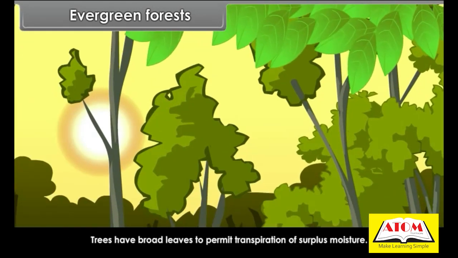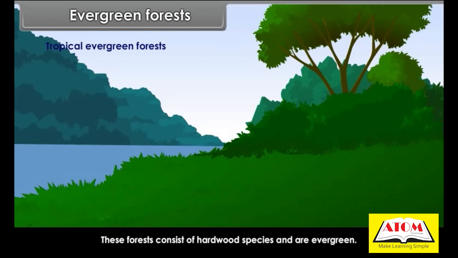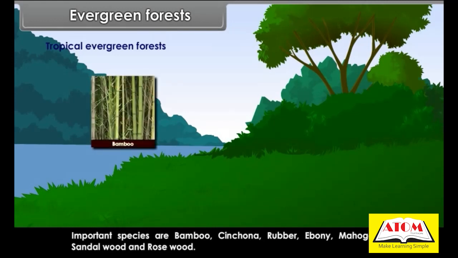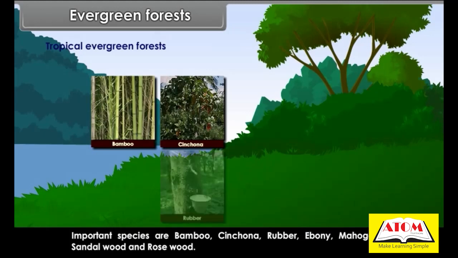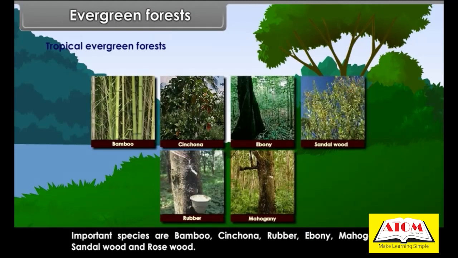Trees have broad leaves to permit transpiration of surplus moisture. These forests consist of hardwood species and are evergreen. Important species are bamboo, cinchona, rubber, ebony, mahogany, sandalwood and rosewood.